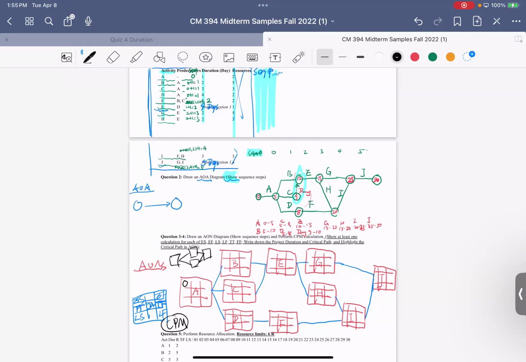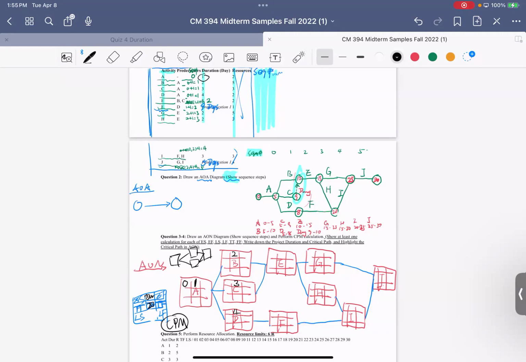The duration. So the duration for A is how many days? Duration for A is 1 day. Duration for B is 2 days. Duration for C is 3 days. Duration for D is 4 days.